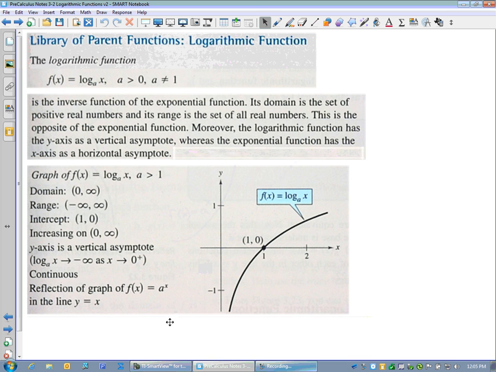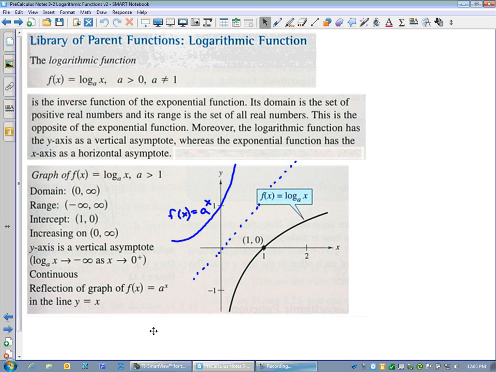And if we remember from our Algebra 2, if you have the line y equals x, and you take a graph such as the exponential function and reflect it across that line, then you will have the graph of the inverse of that function. Because in effect, you are switching the roles of x and y by reflecting it across the line y equals x. So this is something that's going to be very important that we're going to be using later, is that the inverse of the exponential function is the logarithmic function.